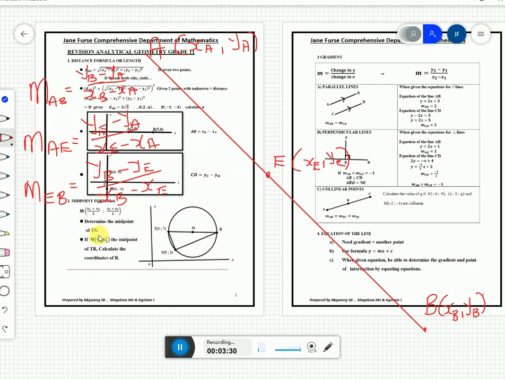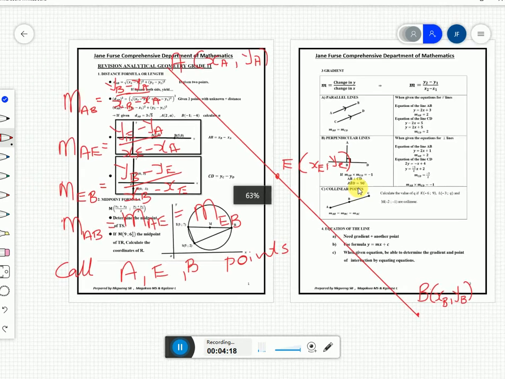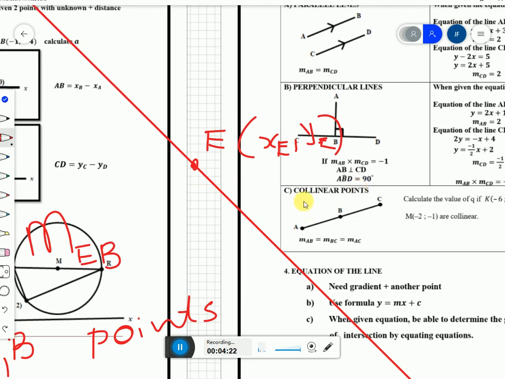And remember, people, if you find that the gradient AB is equal to the gradient AE, and is also equal to the gradient EB, then you call A, E, B points collinear.